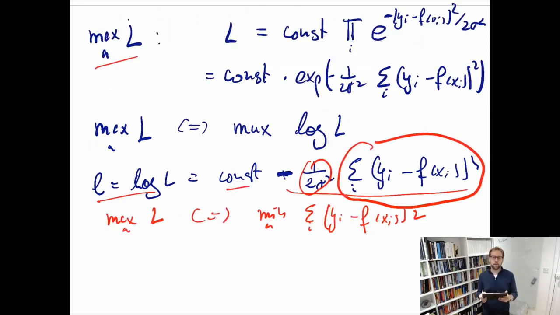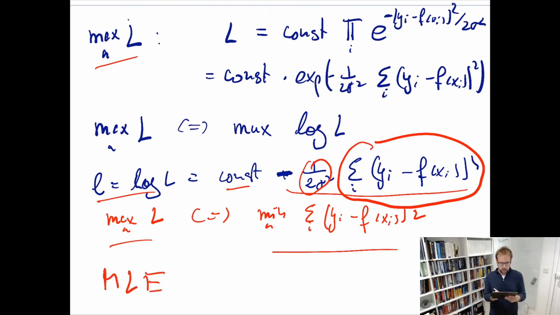Oh, here it is. So maximizing L is equivalent to minimizing this term here, which is least squares. So effectively, maximum likelihood estimation, as we have just seen, is equivalent to least squares.